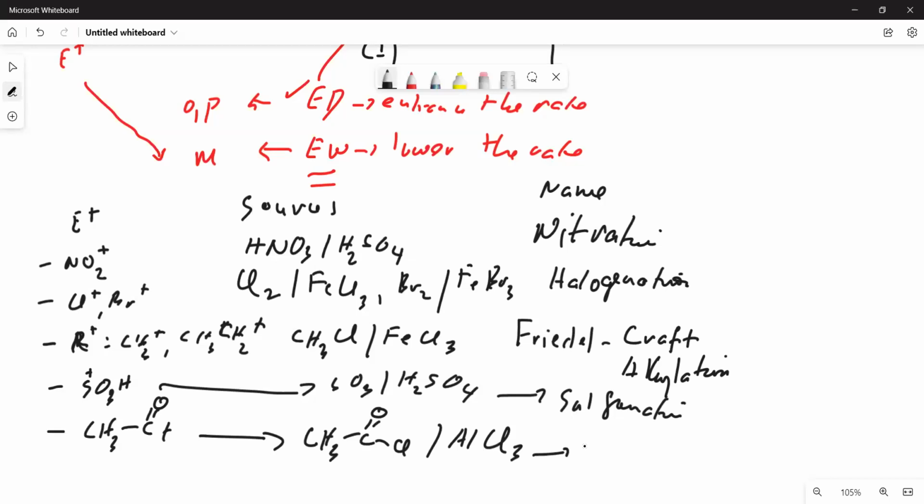And the last one is Friedel and Crafts acylation reaction. So of all these reactions, class, it is only the sulfonation reaction that is highly reversible. The rest are irreversible or kinetically controlled reactions.